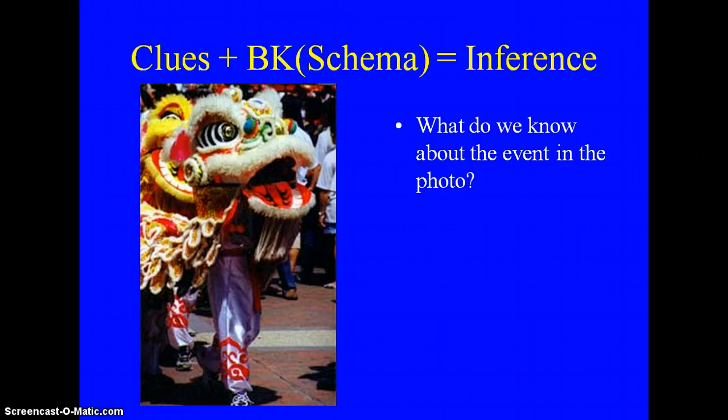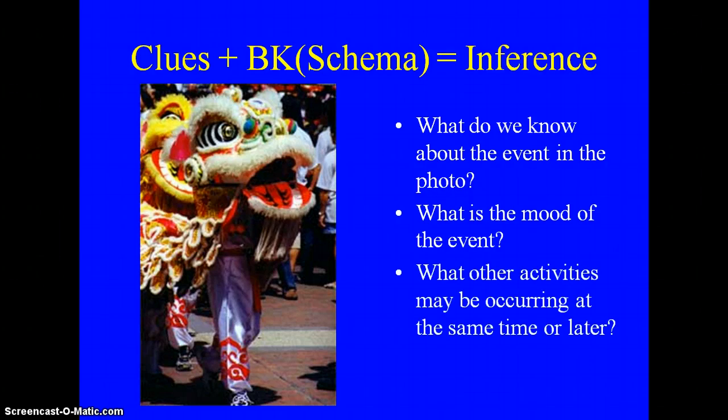Here are your questions. What do we know about the event in the photo? What is the mood of the event? What other activities may be occurring at the same time or later? We will discuss or use this information in class tomorrow.